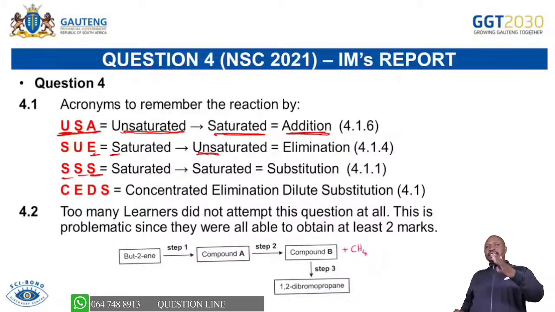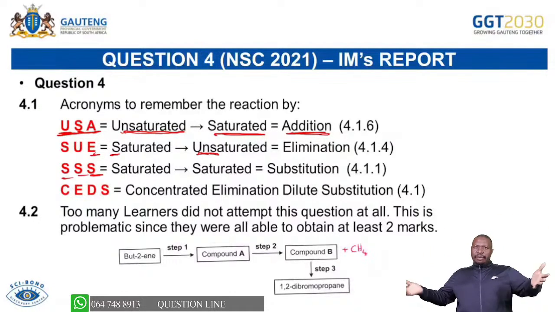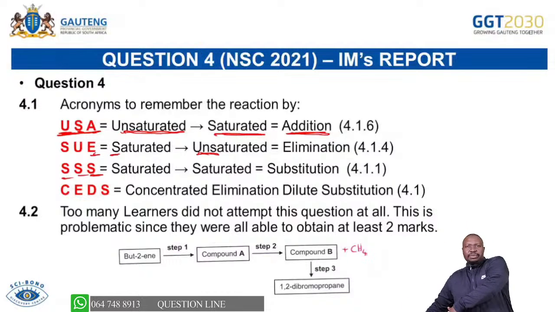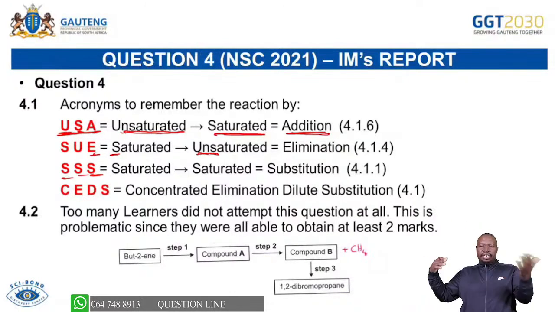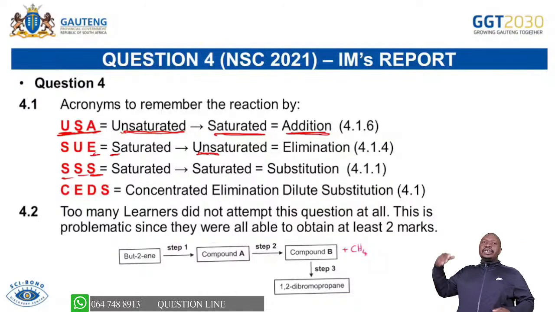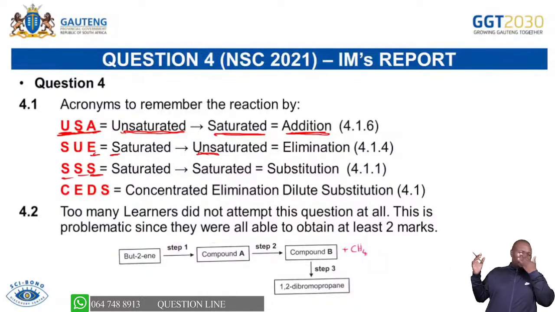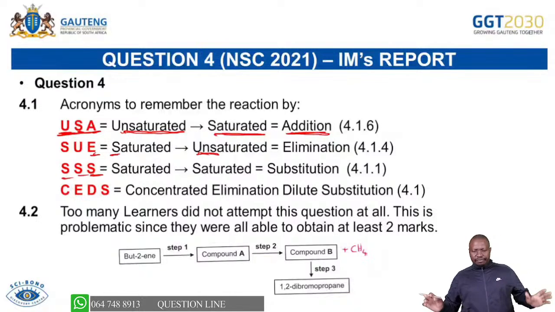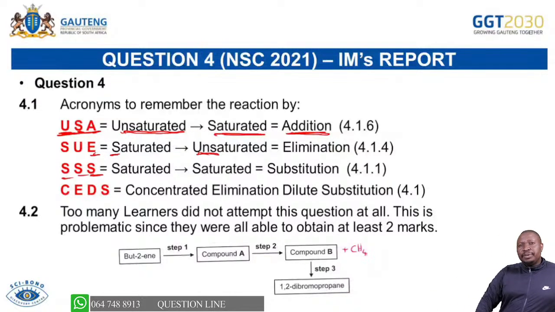When you have single bonds between carbon atoms and another structure with single bonds between carbon atoms, there is no change in terms of the bonds. They are all remaining single. So it's saturated remaining saturated, and we call it substitution. That's what we're expecting from you, to be able to identify these reactions. Learners, please be able to do that.